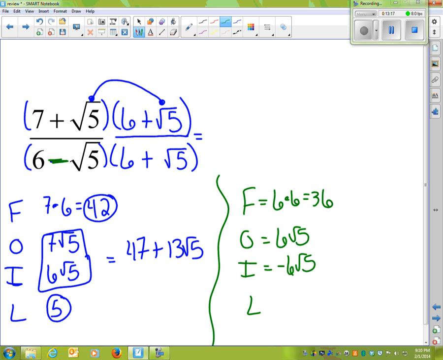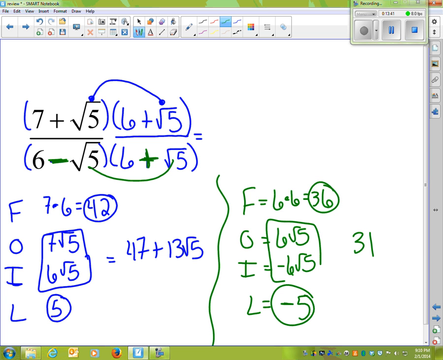And last to last, it's negative and positive. So negative times a positive is negative. And I have the exact same radicals, 5 and 5, so it's minus 5. 36 minus 5 is 31. And the middle terms is 6 minus 6, and they cancel.